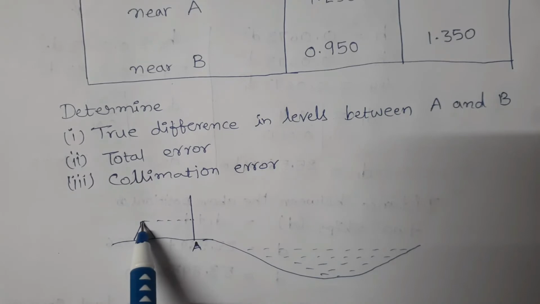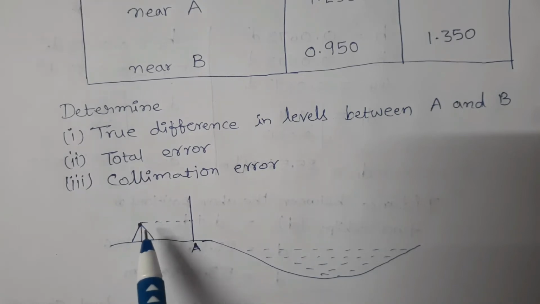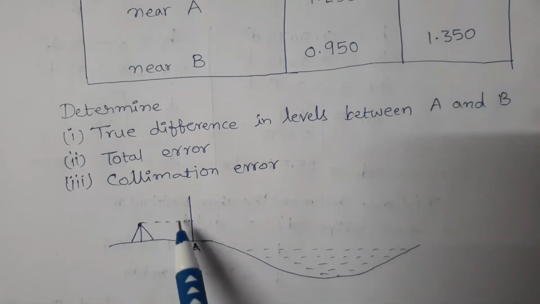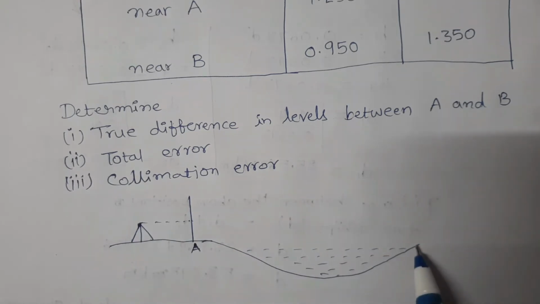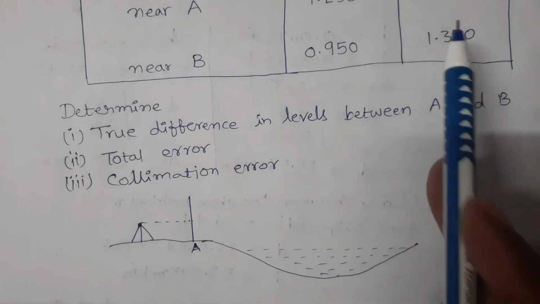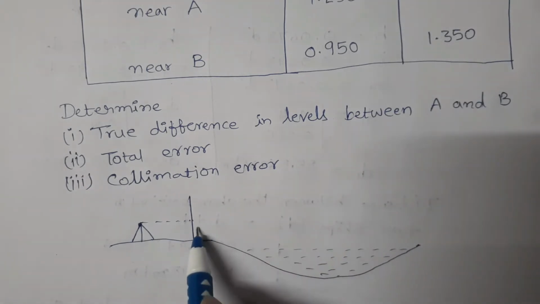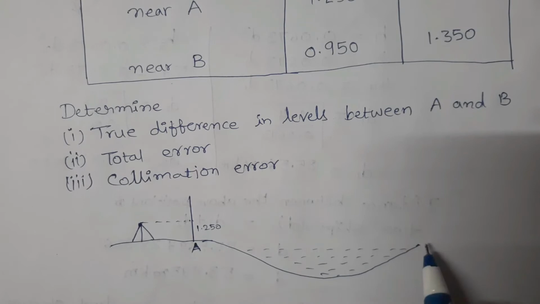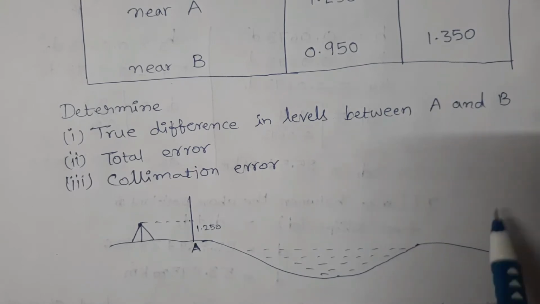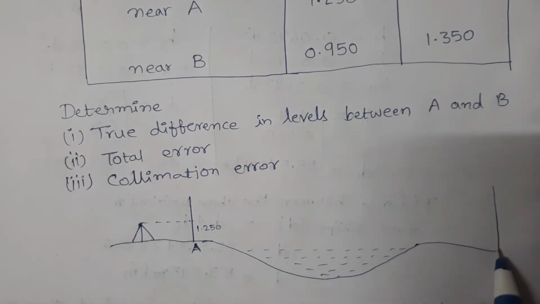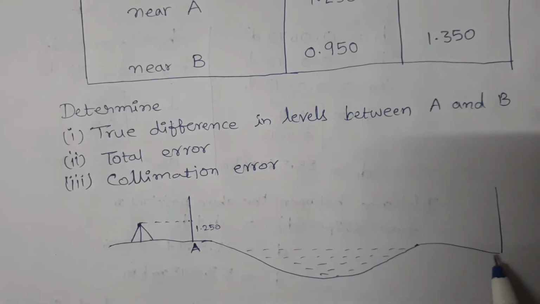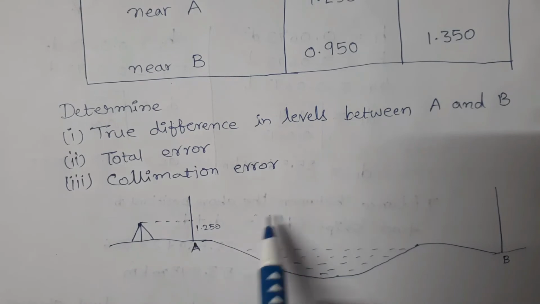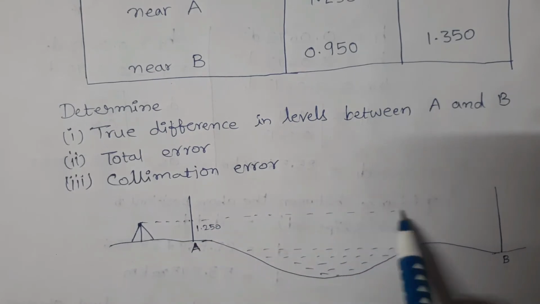From this setup of the instrument, observe the staff reading on B, which is on the opposite bank of the river, which is 2.15. It is 1.25 meters on A, and on B the staff reading is 2.15 meters.